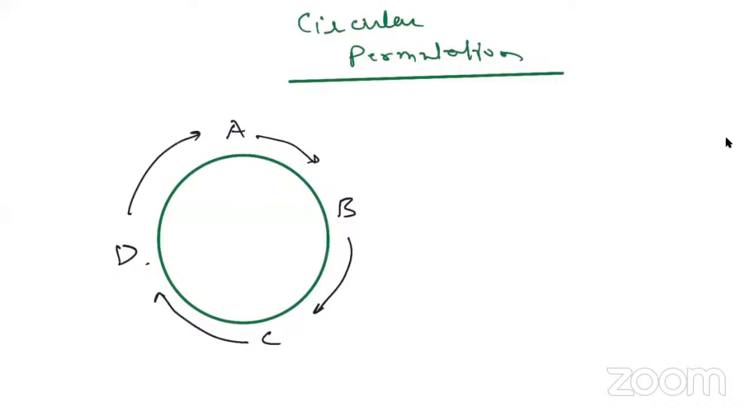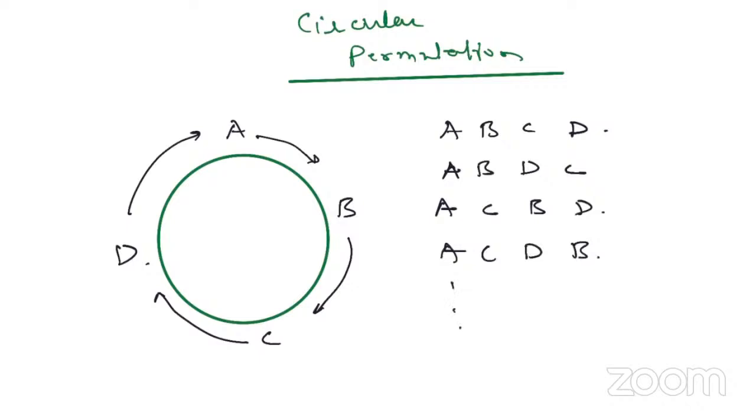So what is the difference between this arrangement of four people in a circle and the arrangement of these four people in a row? In a row, if they sit, then this is A, B, C, D, then A will start with B, D, C, then A will start with C, B, D, then A will start with D, B, and so on.